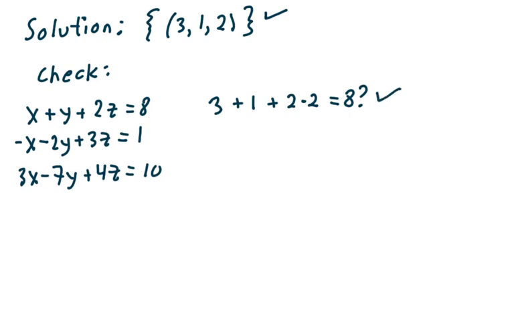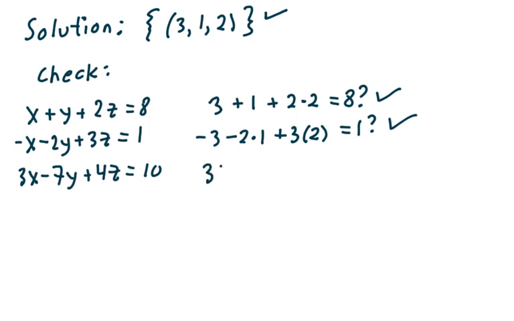That absolutely works. Go to the second equation. Negative 3 minus 2 times 1 plus 3 times 2. Does that equal 1? I would submit to you that the answer is yes.